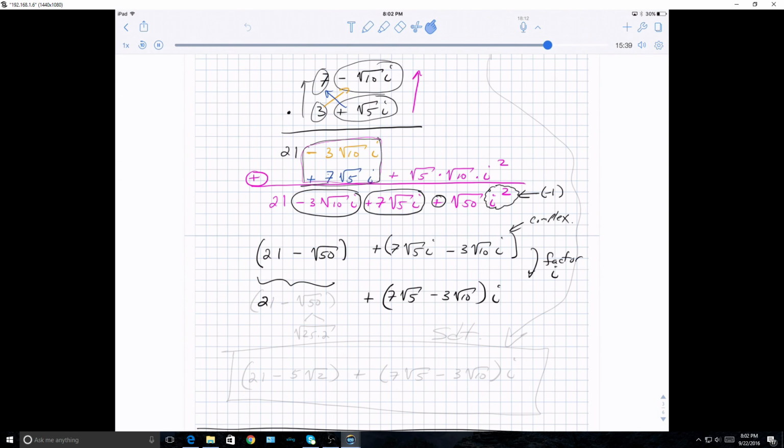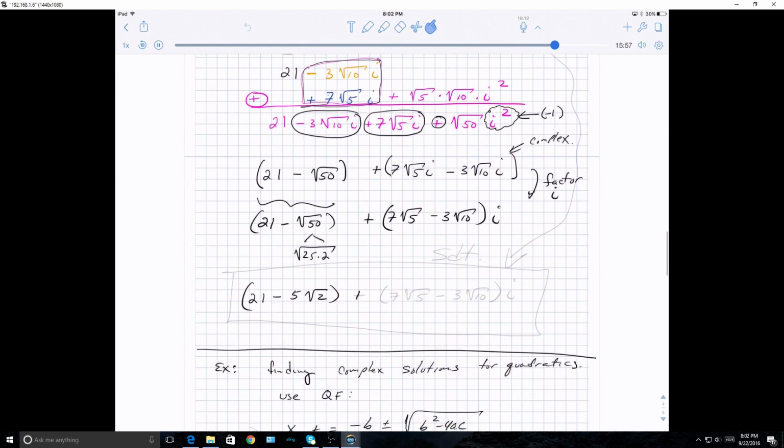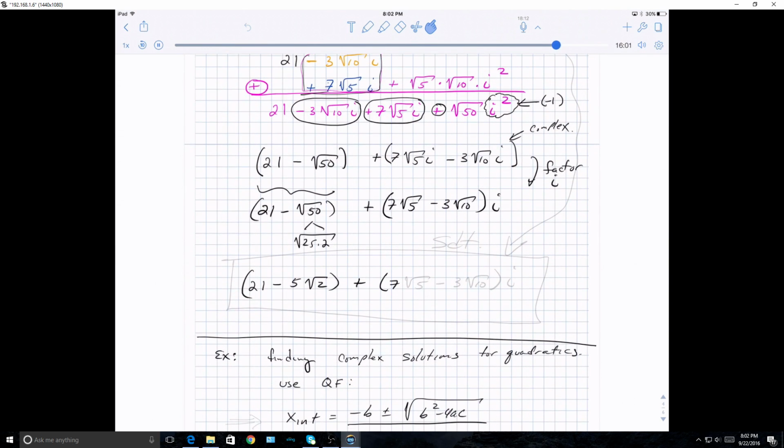And I'll rewrite this as 21 minus root 50, and I'll group it. But we know that the square root of 50 is really the square root of 25 times 2. So this looks like it's going to be 21 minus 5 root 2, all plus 7 root 5 minus 3 root 10 times i.